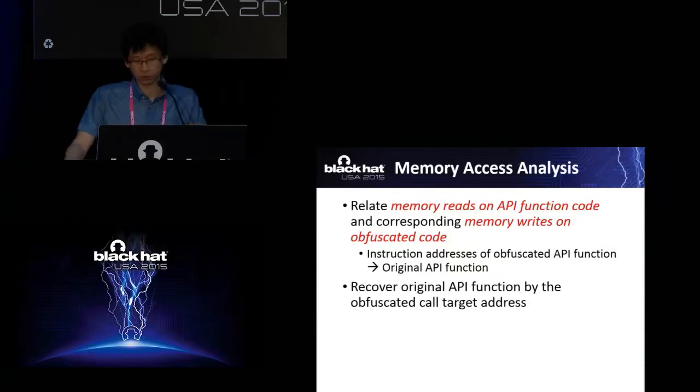That is, instruction addresses of the obfuscated API function are mapped into the original API function. Then, after constructing a map, we can recover the original API function from the obfuscated call target addresses.